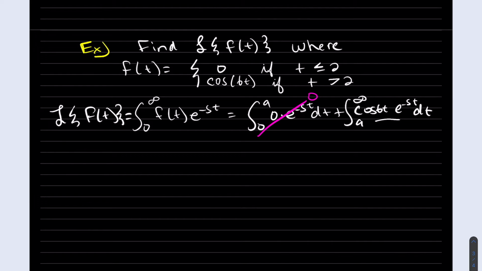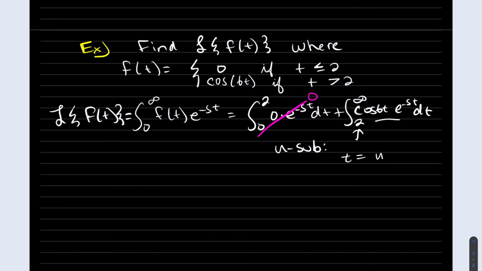So what I want is for the bottom of the integration to be 0, so I want to do a u sub. Oh, my a, by the way, is 2. It's right there. It's not in general. It's 2.